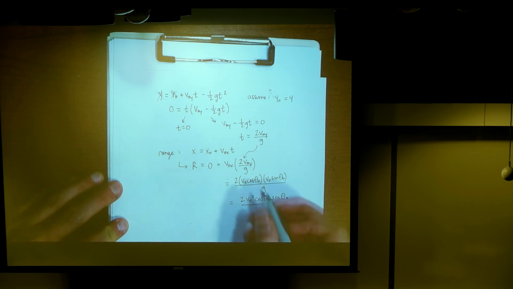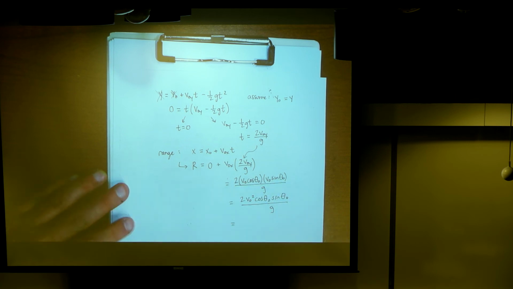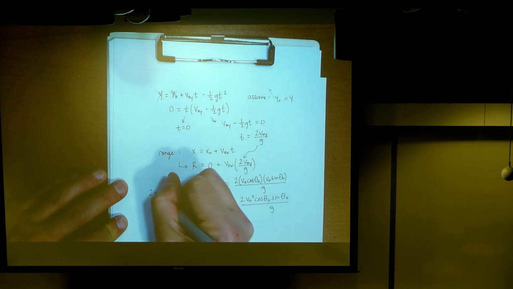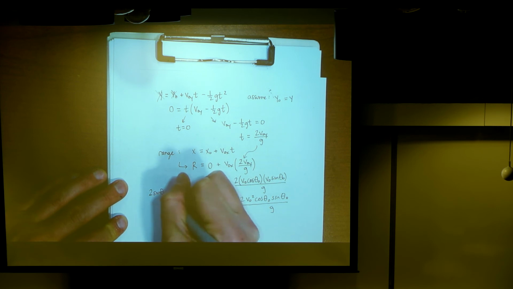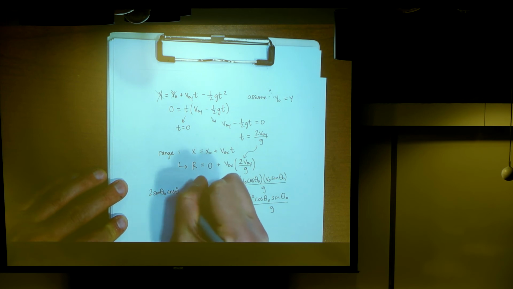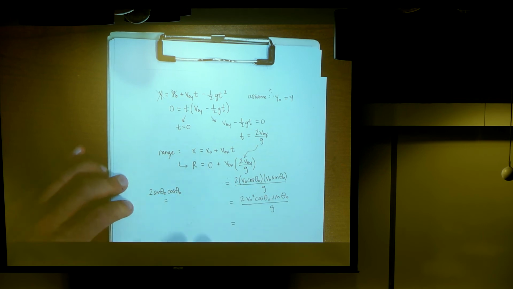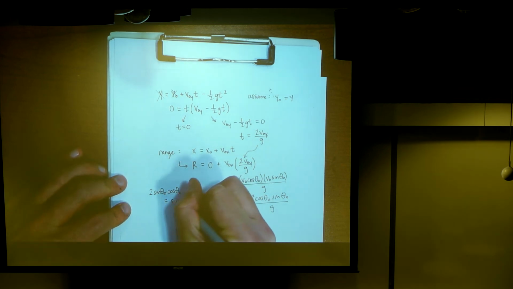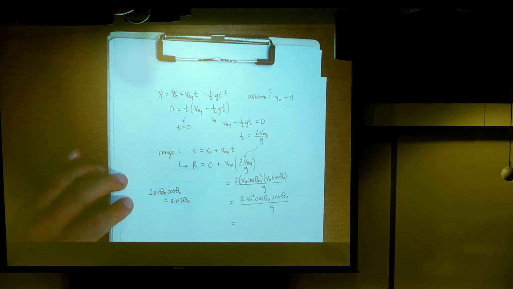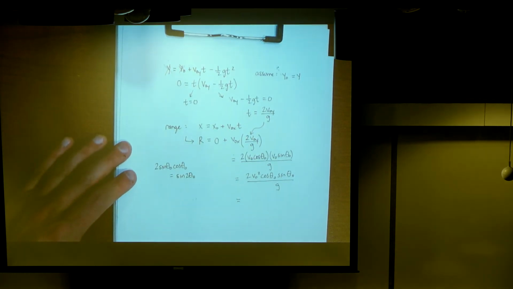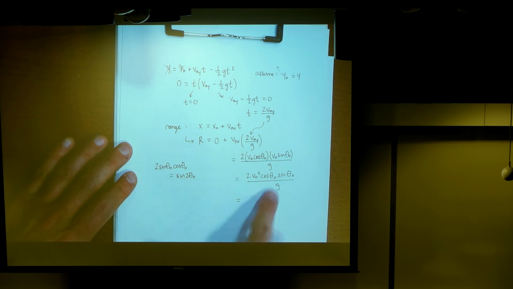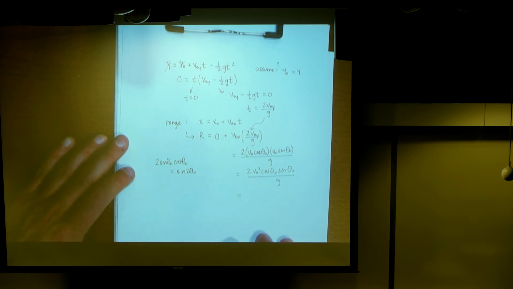We're almost done. I just want to write down a trig identity that's going to be used here. If I have 2 times sine times cosine of some angle, you may know this from geometry, that's equal to sine of twice that angle. It's a little more convenient to write it this way so we don't have two different terms floating around.